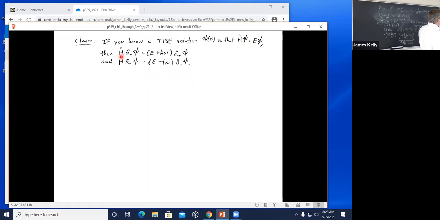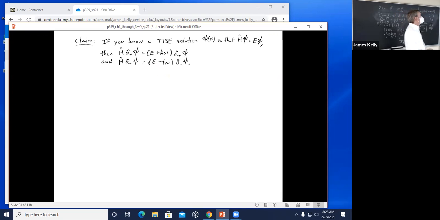What we want to show is that if we take, instead of just psi, A plus applied to psi, then H applied to A plus psi is going to be E plus H bar omega times that same thing, A plus times psi back again. And there's a similar relationship for H applied to A minus psi is E minus H bar omega times A minus psi. Okay, let's see if we can prove that.